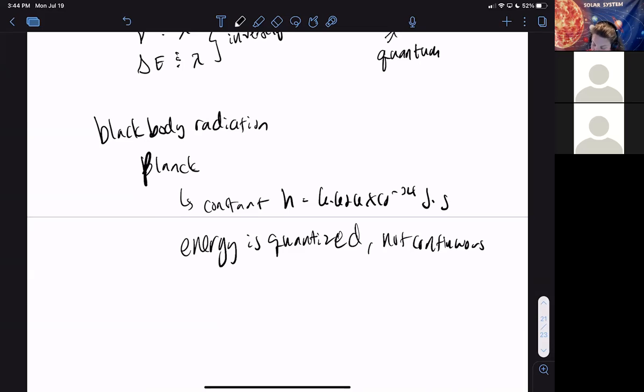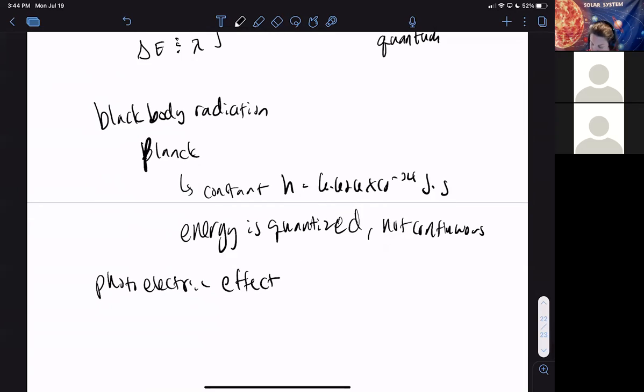There's also the photoelectric effect. With the photoelectric effect, if you have light shone on a clean metal surface, you will get the ejection of electrons. And this was kind of determined by Einstein. And both of them used this equation.